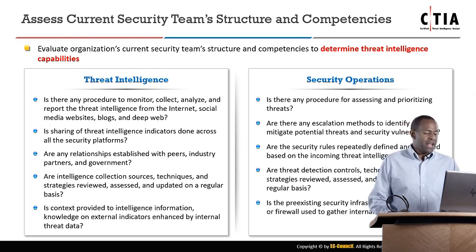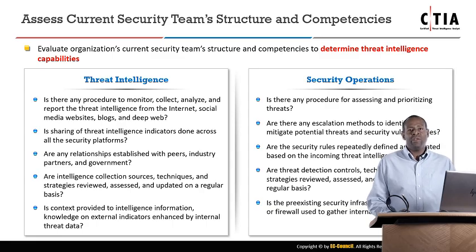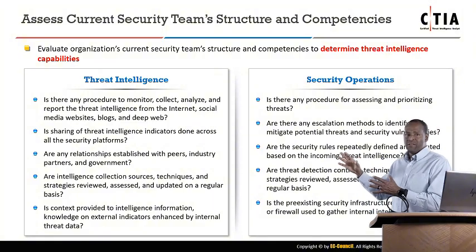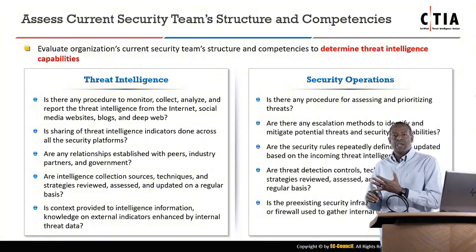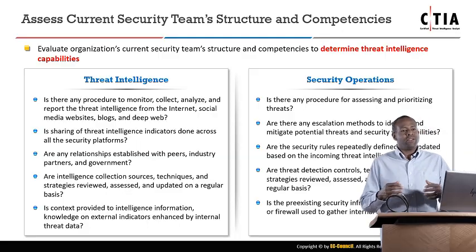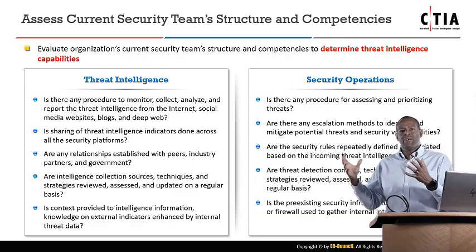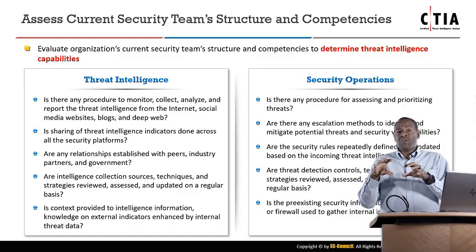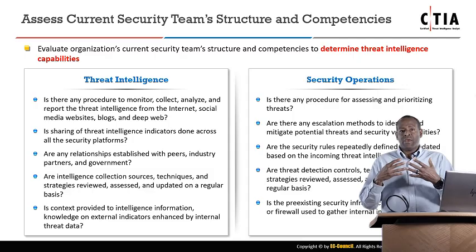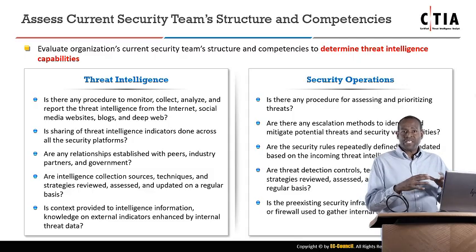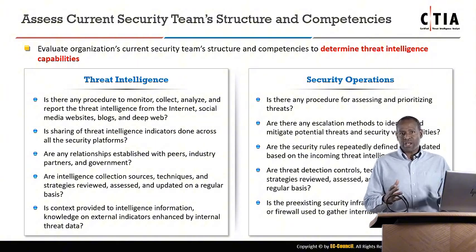Is context provided to intelligence information, and is knowledge on external indicators enhanced by internal threat data? So are we taking what we find on forums and in webinars and where we gather this information, and changing the way we do our threat assessment on our systems, on our network, on our hosts, on our routers and switches, whatever it is, so that we have adapted to the new information?